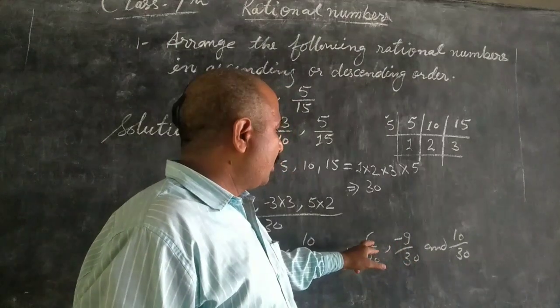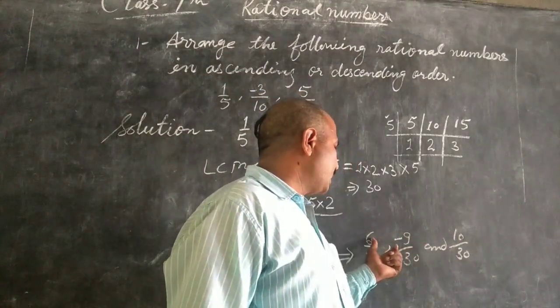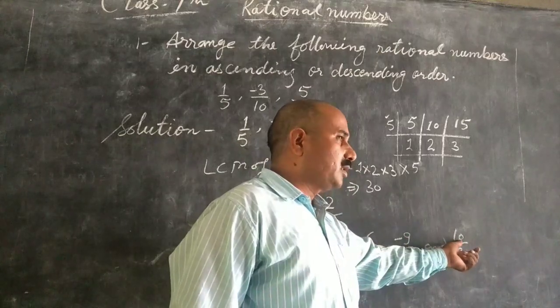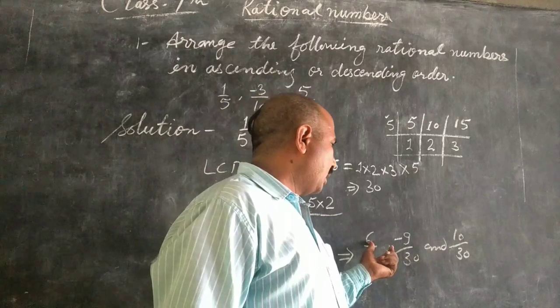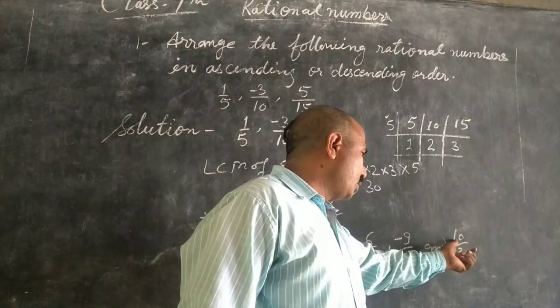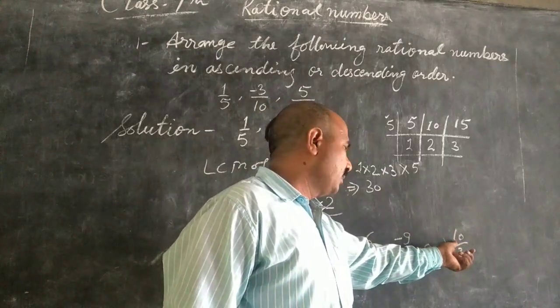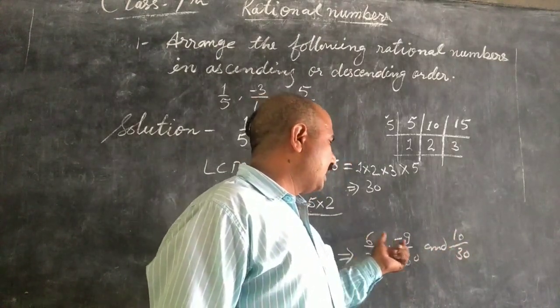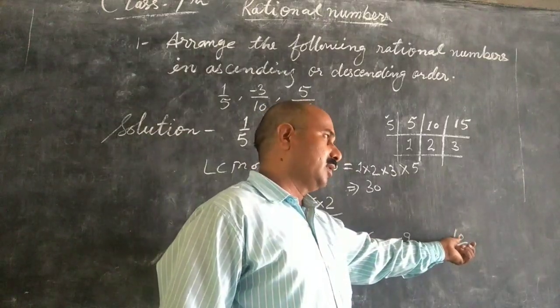So here the first and the third rational numbers are positive. So between these you should know which is smaller and which is larger. You can see 6 is less than 10. So 6 will be smaller and 10 will be larger.